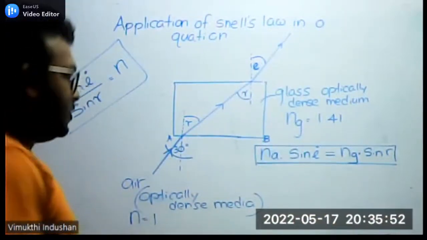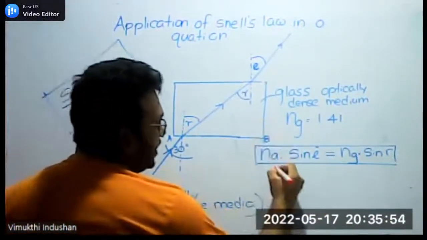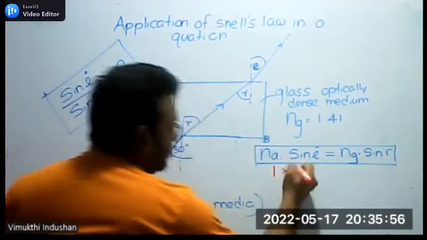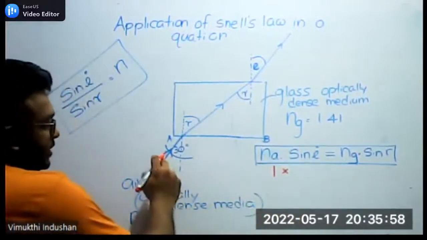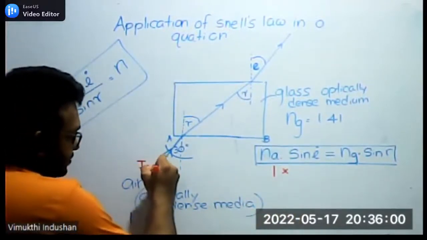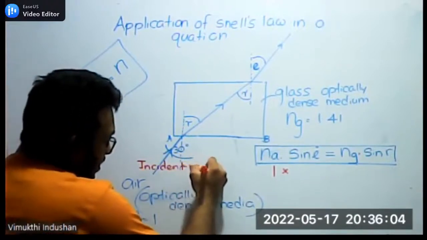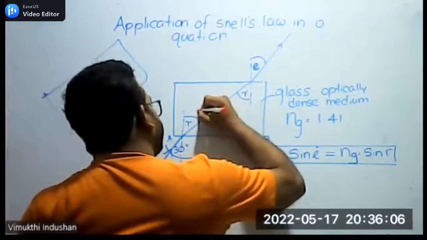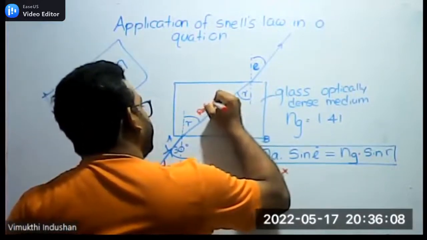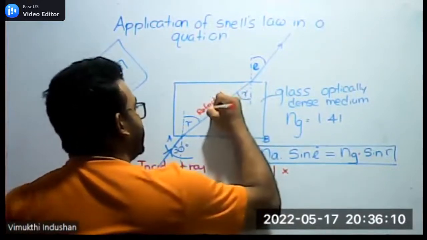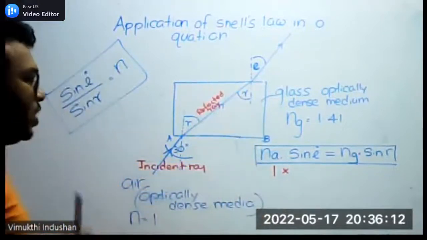So if you go for the values, you can see n of air is 1 multiplied by sine of I. This is your incident ray, and this is your refracted ray, which is inside the glass block.